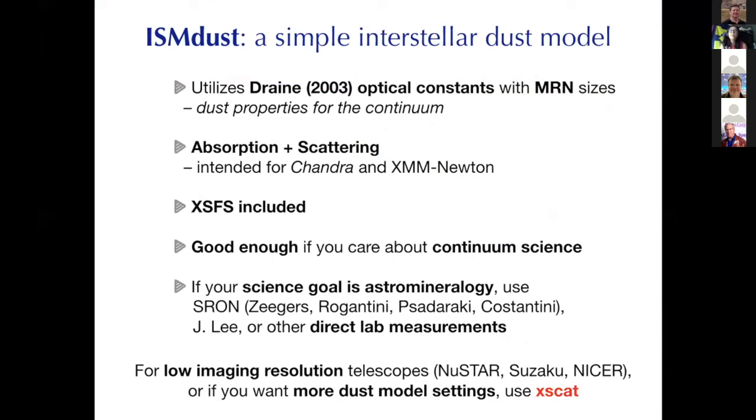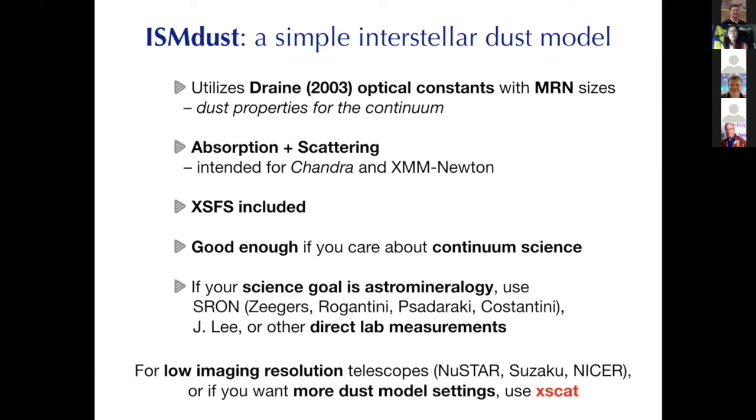Okay, so in this paper, I took the Draine 2003 optical constants with MRN sizes, and I computed a really simple model to release to the astrophysical community just for the simplest cases. So this particular model, ISM dust, is absorption plus scattering.